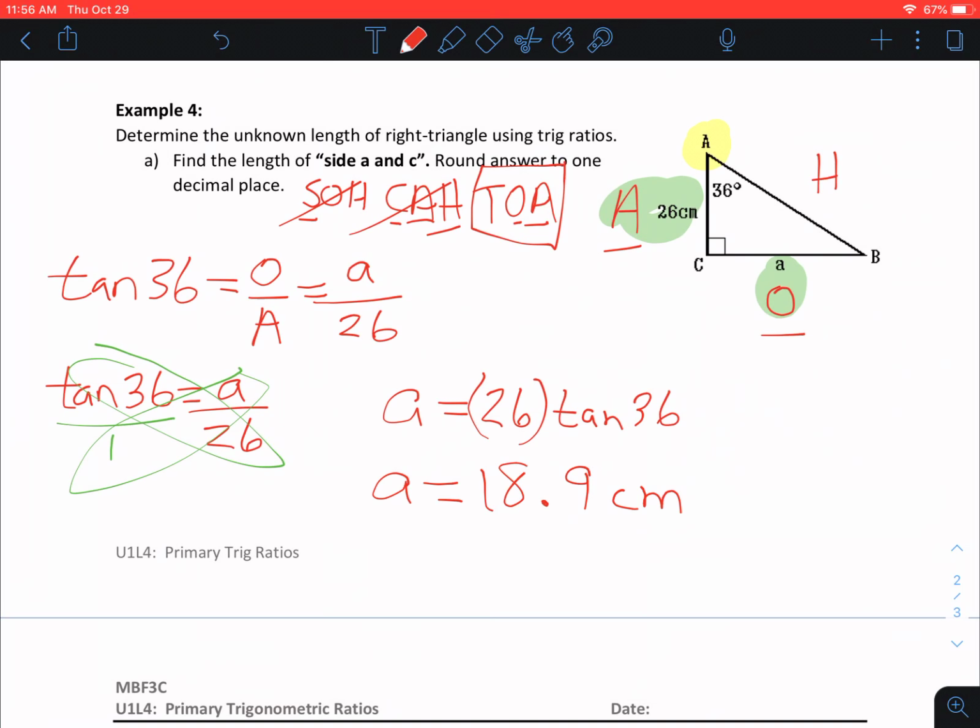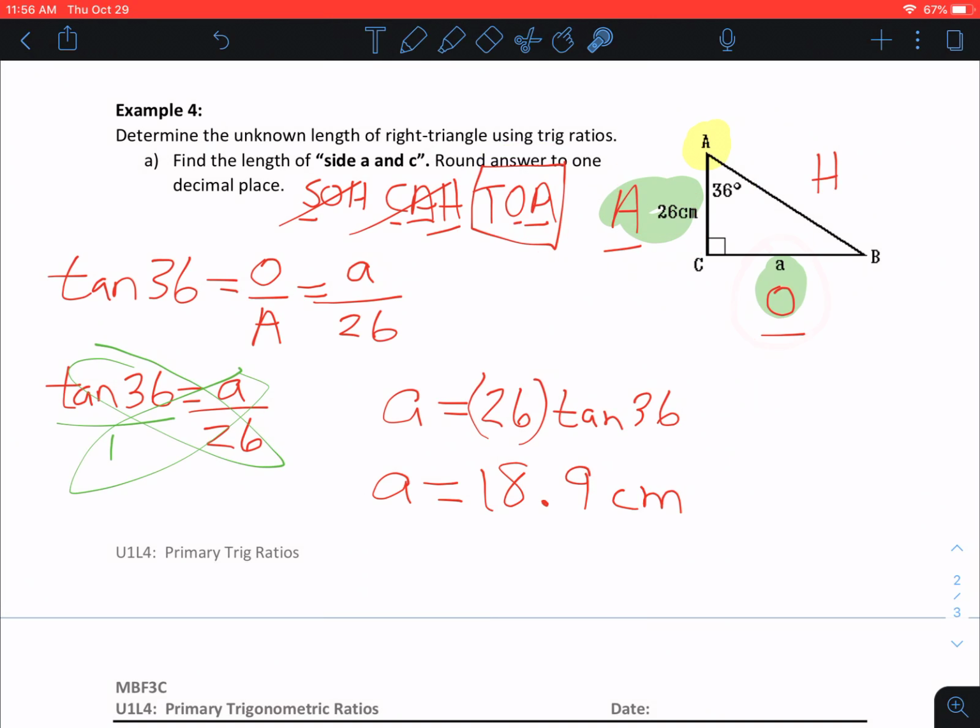Okay, so that's how we can find the unknown side using the trig ratios. We first label our diagram relative to the angle that is given. We then select the proper trig ratio that includes a known side where we know the number and includes the side that we're trying to find.